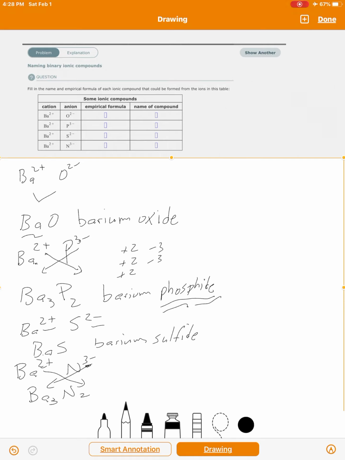So Ba3N2. So barium nitride. Now this is how it works with the metals that are not transition metals. With transition metals, we sometimes have to use Roman numerals, but that's not this exercise right here. This exercise is dealing with a group 2 metal.